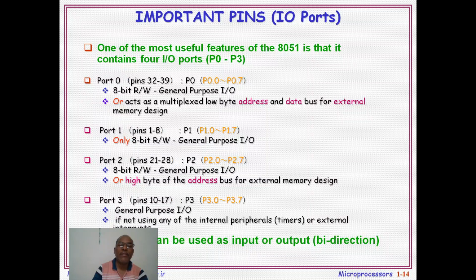Or it acts as a multiplexed low byte address and data bus for external memory design. Then port 1 uses pin numbers 1 to 8. It is only 8-bit read-write general purpose IO. Then port 2, pin numbers 21 to 28. It is 8-bit read-write general purpose IO or the high byte of the address bus for external memory design.